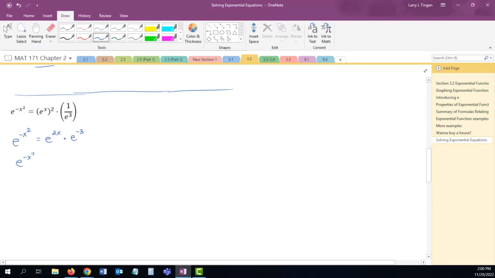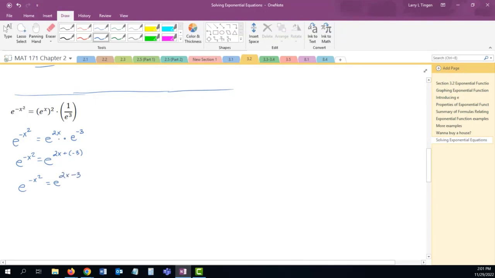Why is that helpful? Because now on the right-hand side, I have multiplication with the same base. So that means I add the powers. 2x plus negative 3 is 2x minus 3.